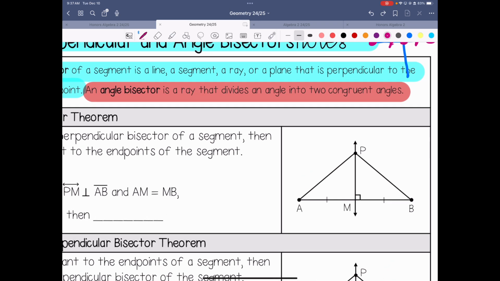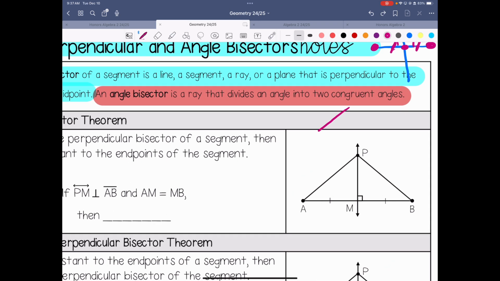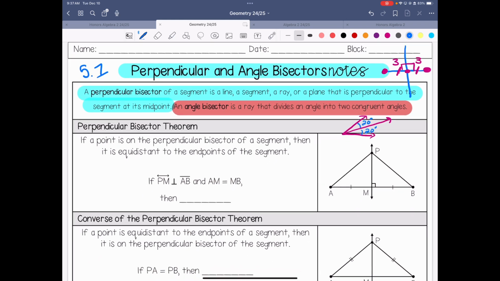But if I take an angle, we've talked about angle bisectors in the past, an angle bisector is a ray that divides our angle into two congruent pieces. This isn't new. So if the measure of this angle is 20 degrees, the measure of that angle is 20 degrees as well. So those are just two general definitions.